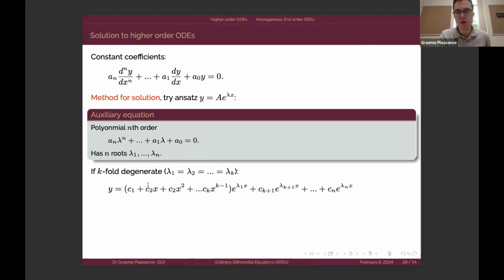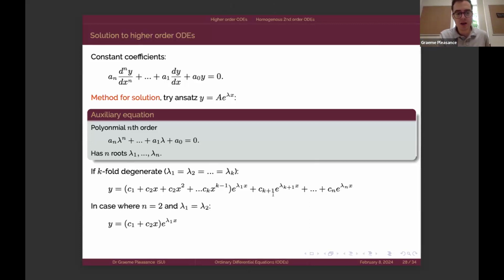If you recall, in the non-degenerate case the general solution was just written as C1 e to the lambda 1x plus C2 e to the lambda 2x, etc. In this case, we have to modify the solution in this way. Again, I won't go into the details, but this gives a general solution when considering roots that exhibit degeneracy.